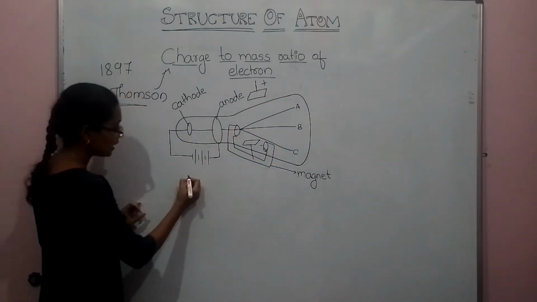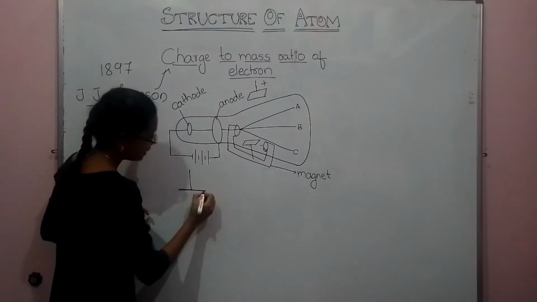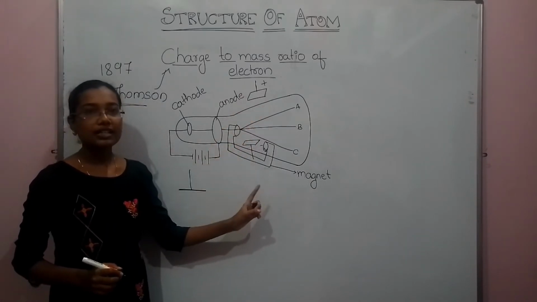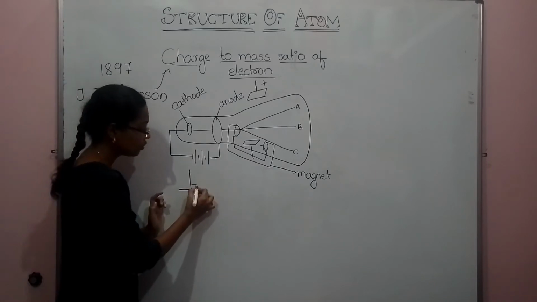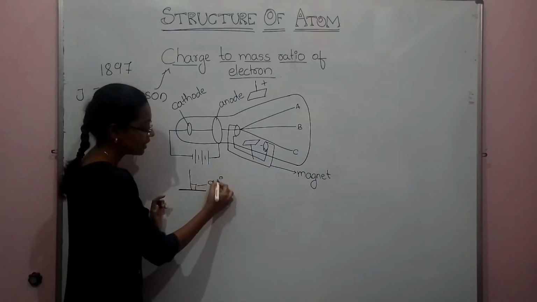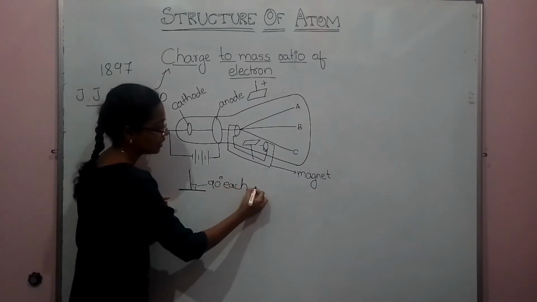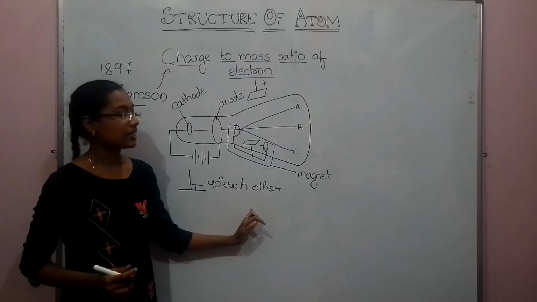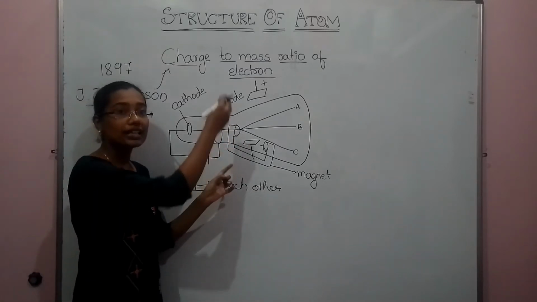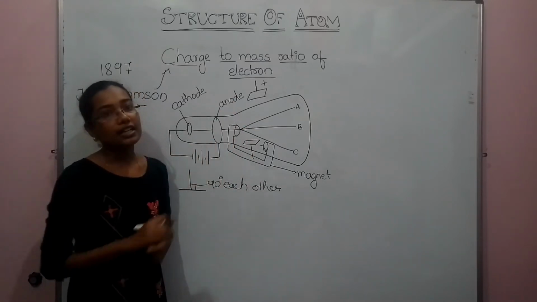Both electric and magnetic fields are perpendicular to each other, that is, at 90 degrees to each other. That is called the perpendicular direction. Here he applied both at the same time in the perpendicular direction.